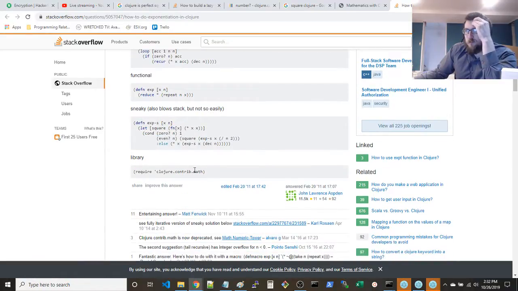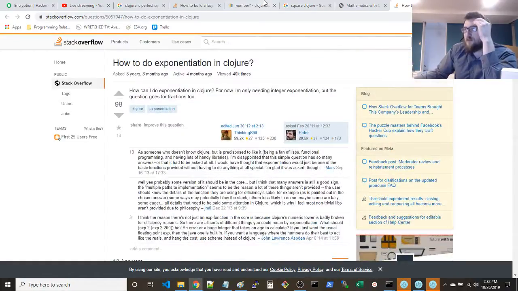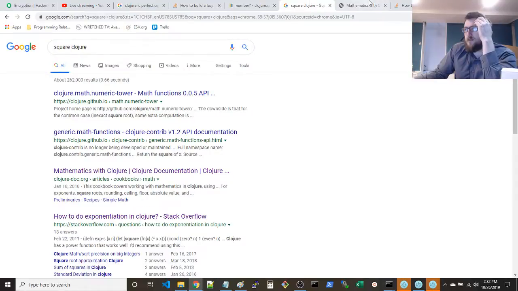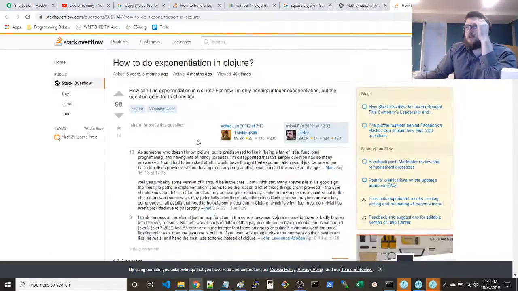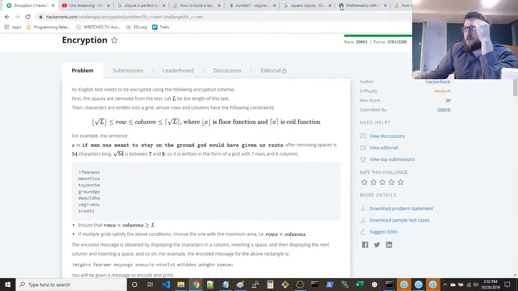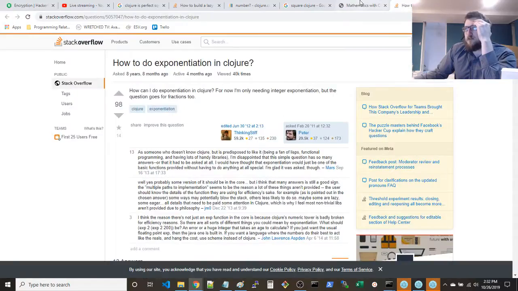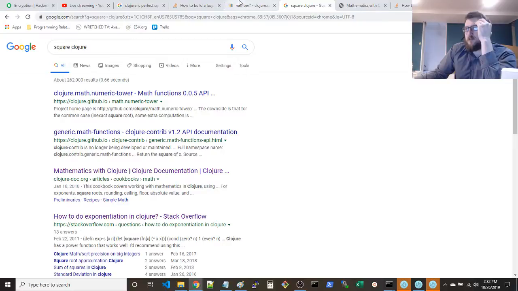Trip math library. Interesting. And I wonder if I can actually require libraries in from HackerRank's IDE Clojure libraries. I wonder if I can do that, if it works.